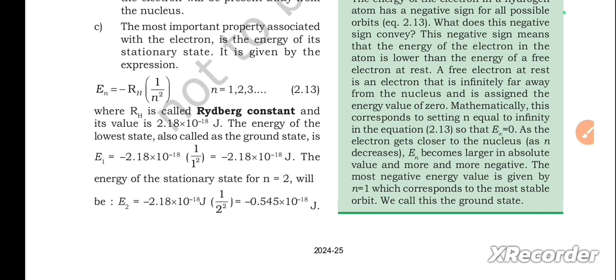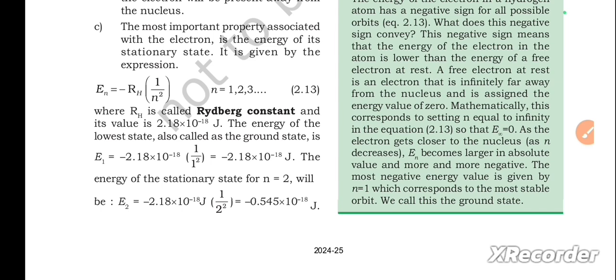The energy of the lowest state, also called the ground state, is E_1 equals minus 2.18 into 10 to the power of minus 18 in brackets 1 by 1 squared, which equals minus 2.18 into 10 to the power of minus 18 joules.